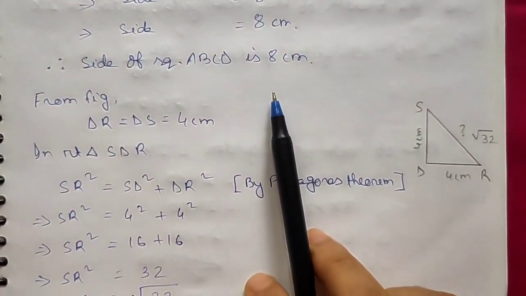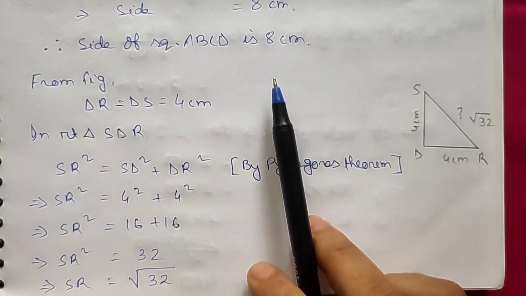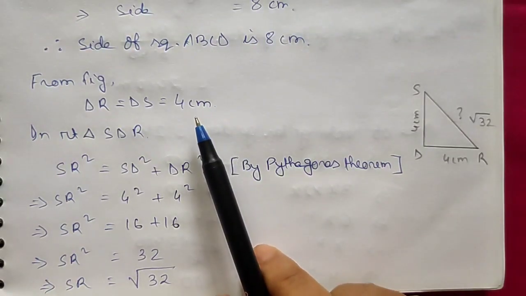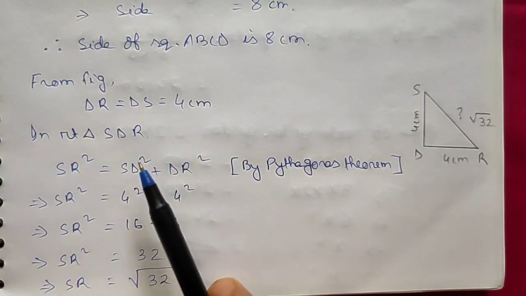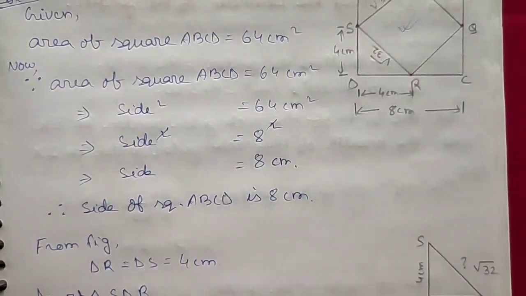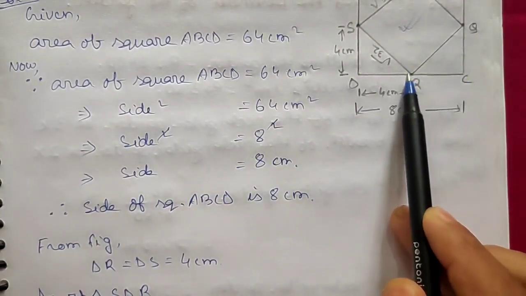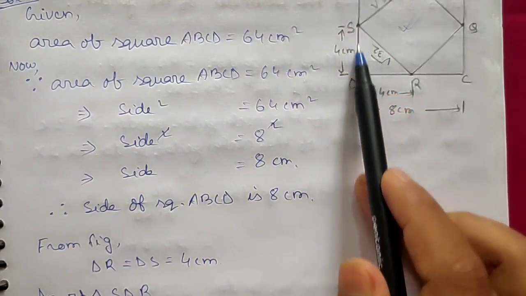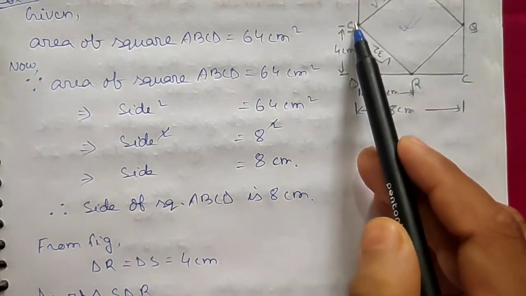Therefore, the side of the square field is 8 centimeter. Now from the figure, DR equal to DS equal to 4 centimeter, right? Suppose this is 8 centimeter, its half will be 4 centimeter, right? This is also 8 centimeter, its half will be 4.